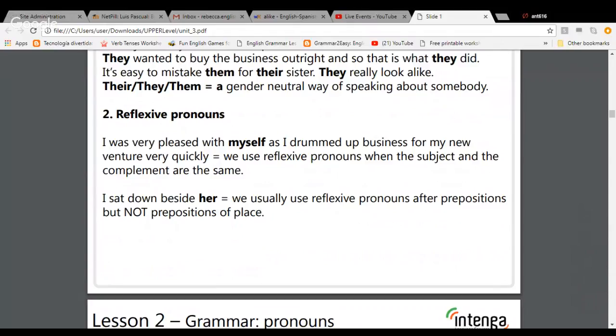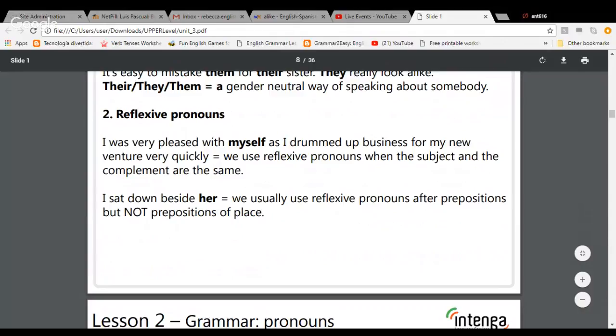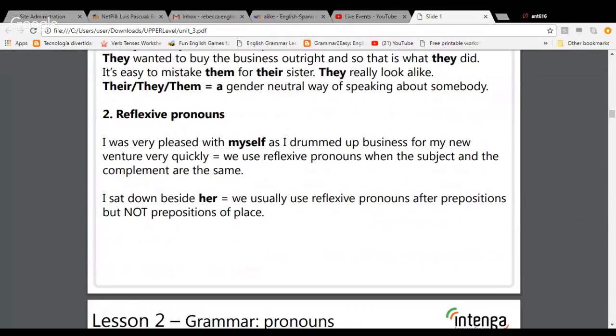We usually use reflexive pronouns after a preposition, but not a preposition of place. Okay, so do you have any questions with this?